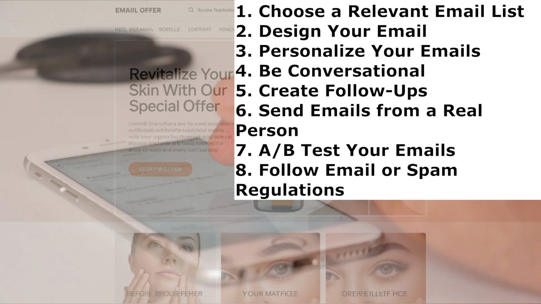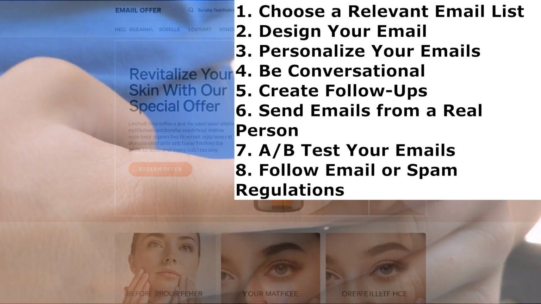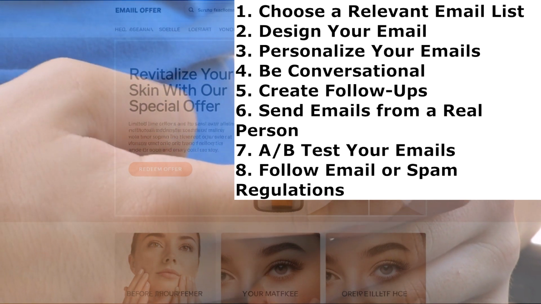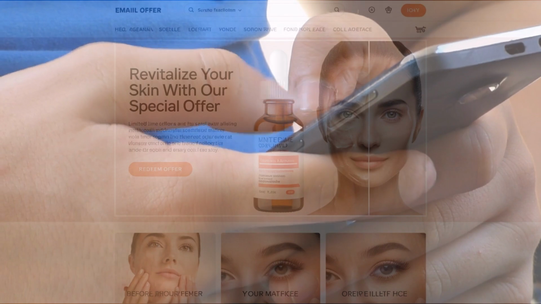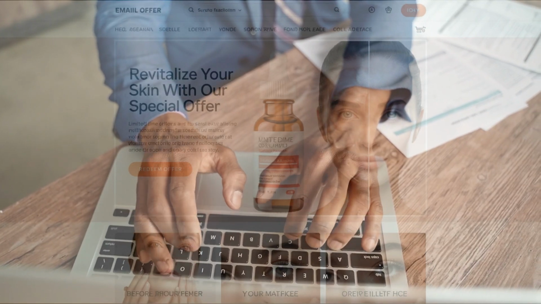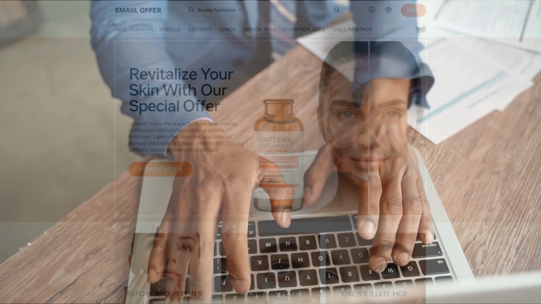Follow email or spam regulations. Ensure your email marketing is compliant with regulations like GDPR and the CAN-SPAM Act to maintain trust and avoid legal issues. By implementing these steps, you can build an effective email marketing strategy that boosts engagement, conversions, and long-term customer relationships.